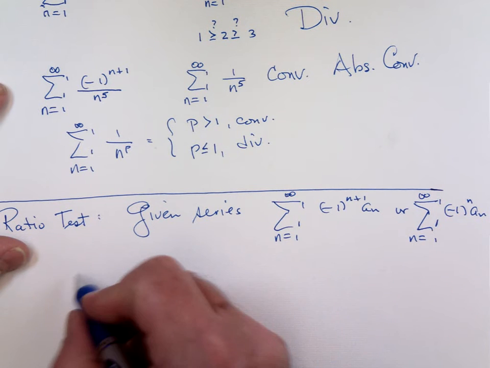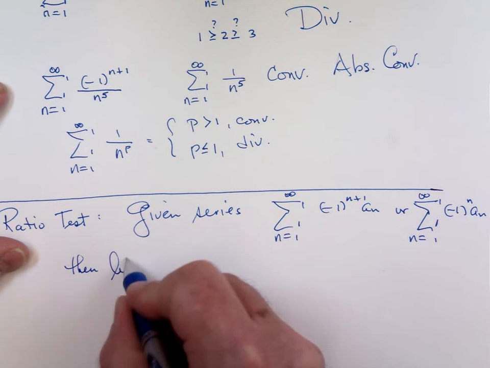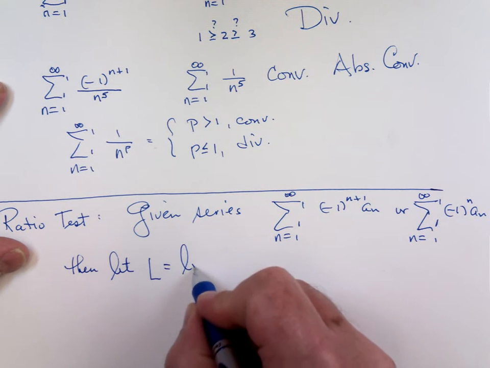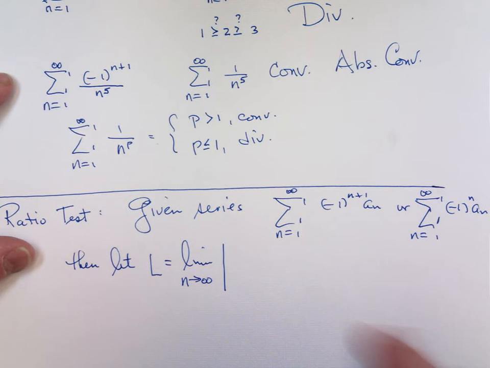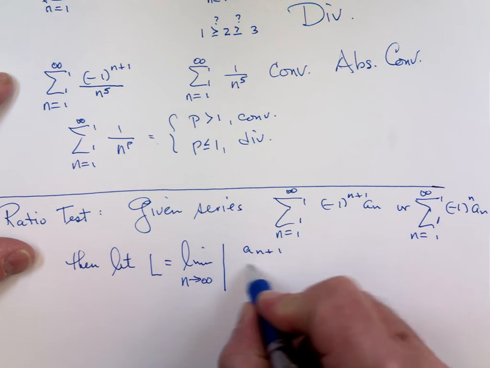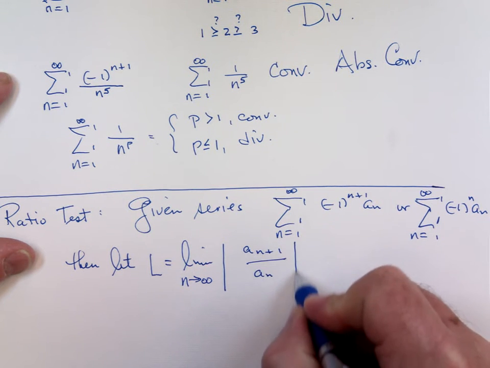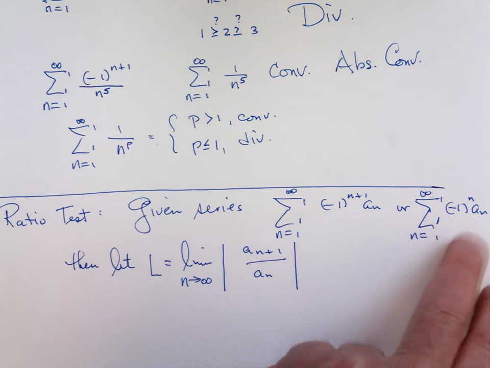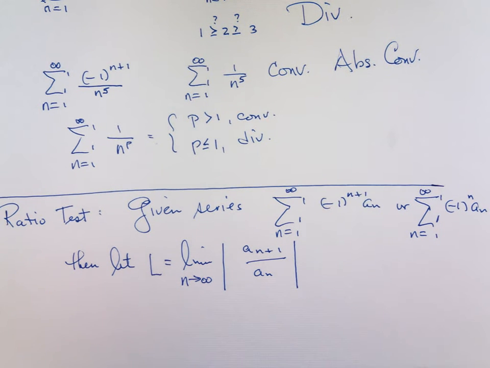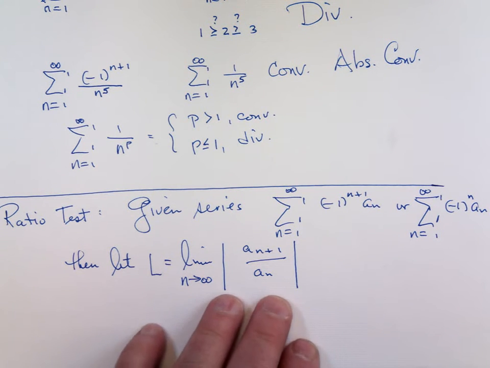Then let L be the limit as n goes to infinity of the absolute value of the n plus first term over the nth term. What the absolute value does is take out the negative 1 part, when, in effect, what we're doing is testing its positive series.